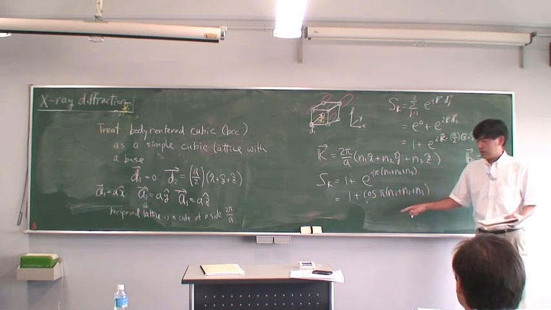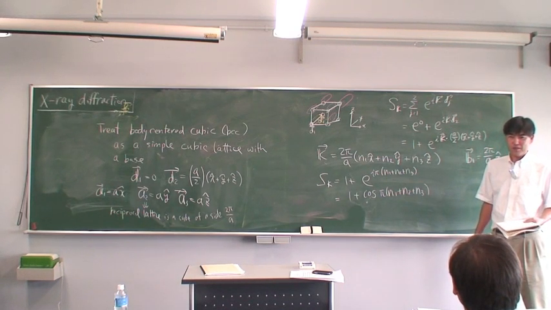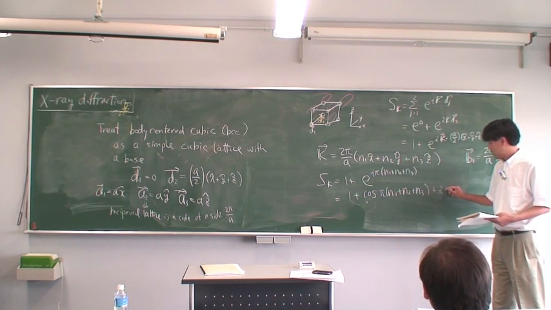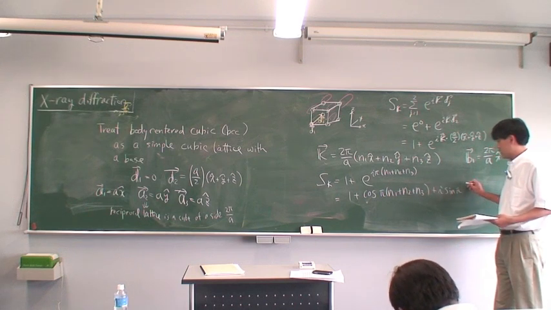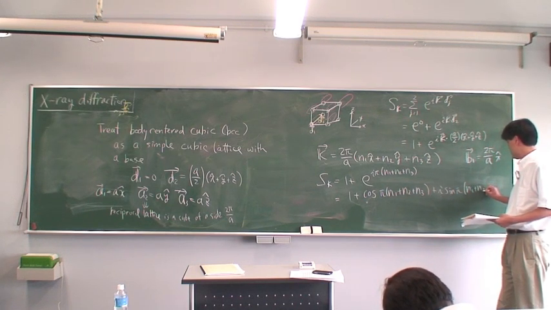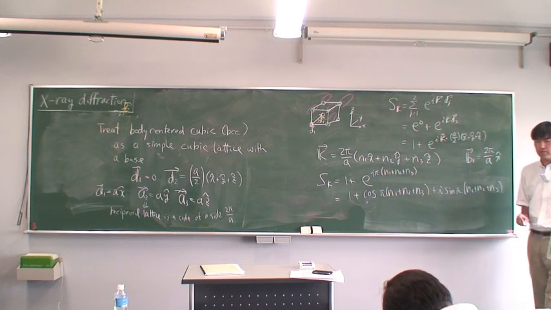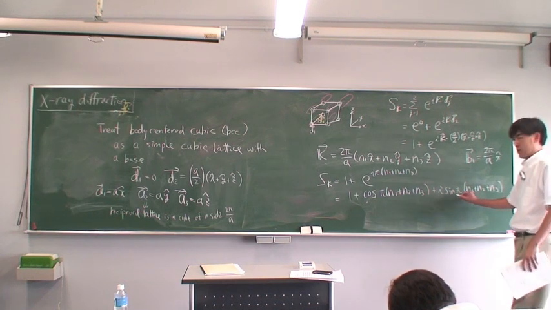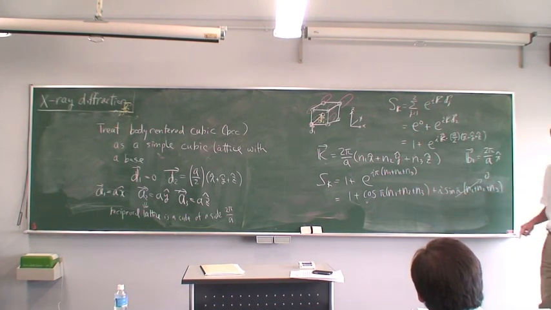I don't know how to pronounce this, Euler's relation. Plus i sine π (N1 plus N2 plus N3). And this is 0. Sine π times an integer is 0.